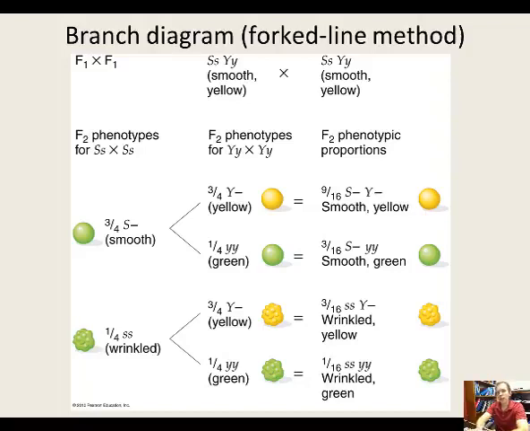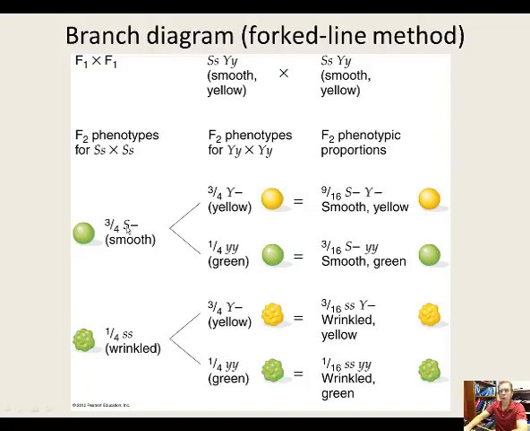You break it down into each individual trait. Remember, these two traits, the color and the texture of the seed, sort independently, so we can treat each one separately. For example, we'll start with the texture, the smooth versus wrinkled. We know from a monohybrid cross of these traits that smooth is dominant to wrinkled, and so will appear in a 3:1 ratio. 3/4 of the offspring would be smooth, and 1/4 would be wrinkled.